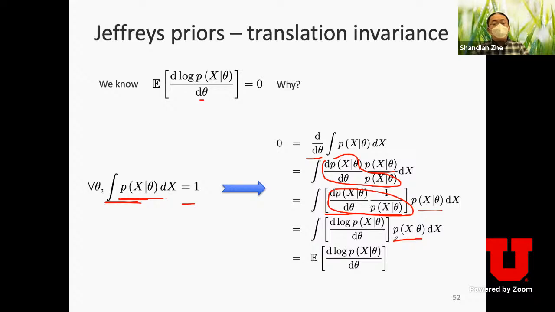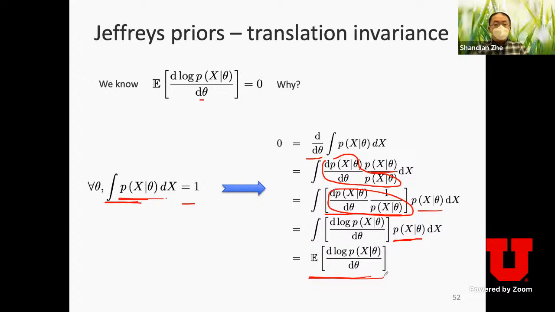Outside of this square bracket, it multiplies with the probability density of x given theta. So this integral is essentially an expectation of the first order derivative of the log likelihood with respect to theta. This gives us the result that the expectation of the first order derivative of the log likelihood is simply 0.